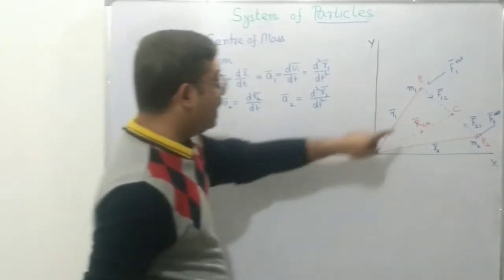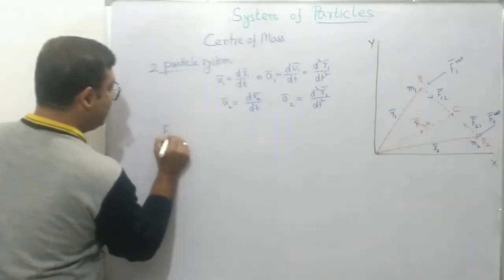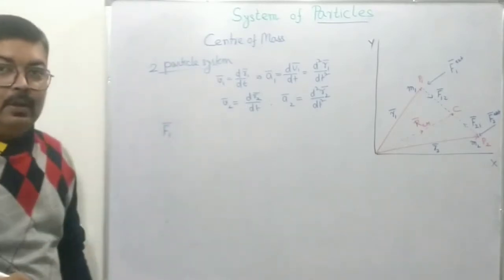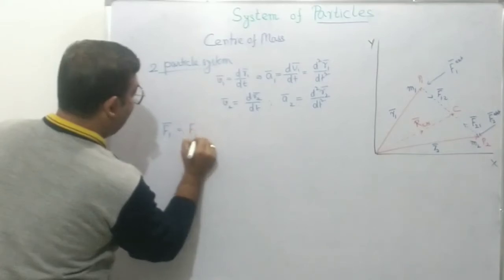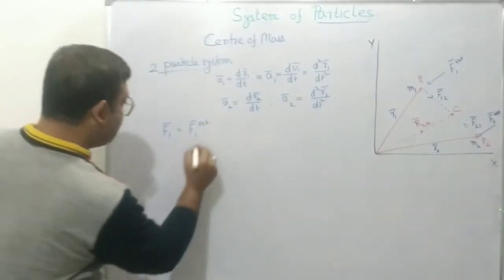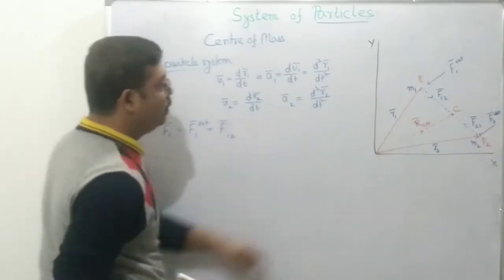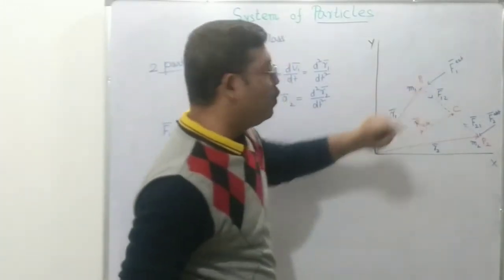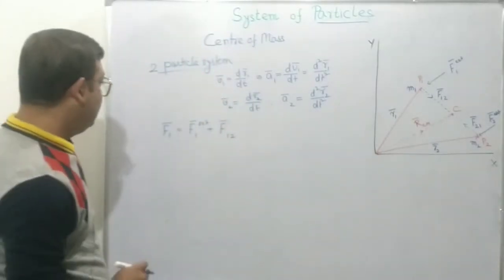What is the net force acting on P1? Let's say F1 is the force acting on P1. Then it should be equal to F1 external plus force on 1 due to 2. This force and this force both are acting on P1, right?